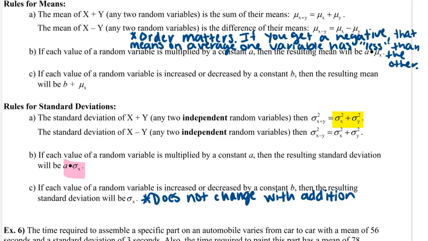Remember that if you add the same number to every single value in your data set, all the data is still the same distance away, so that standard deviation will never ever change. Even if I'm adding 2 points to every single score in the data set on some test, you don't actually change your standard deviation. They're all still the same distance apart from the mean. So it does not change at all.